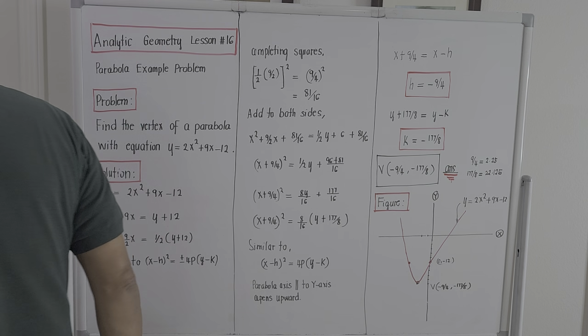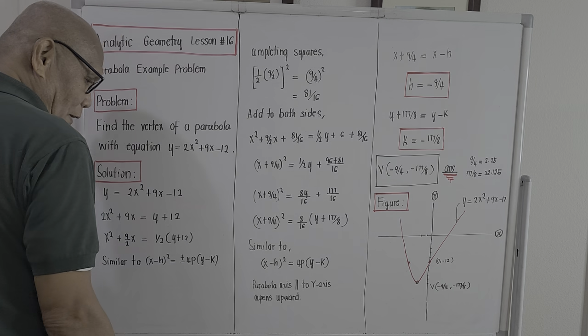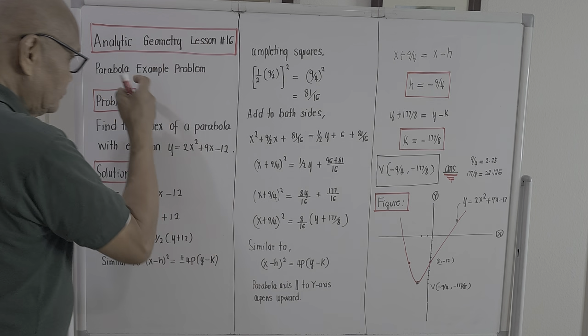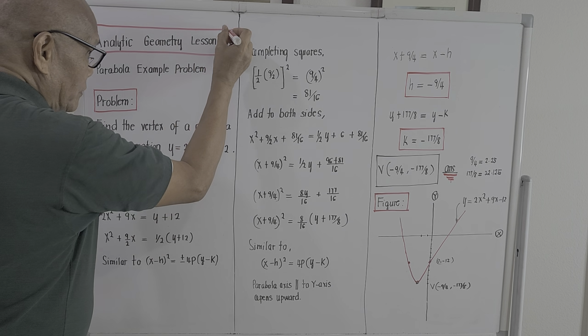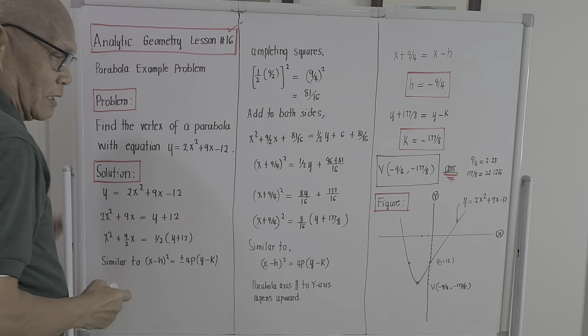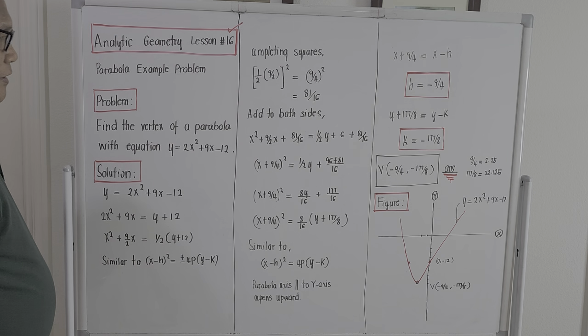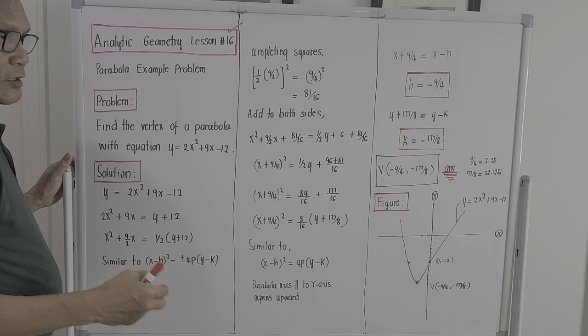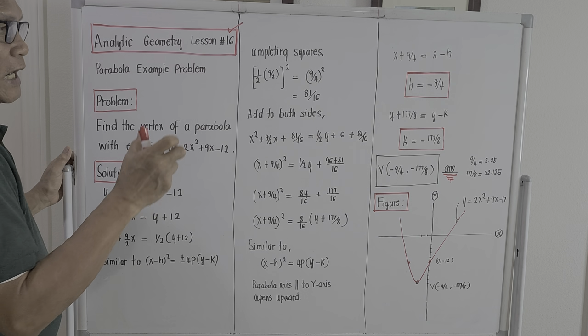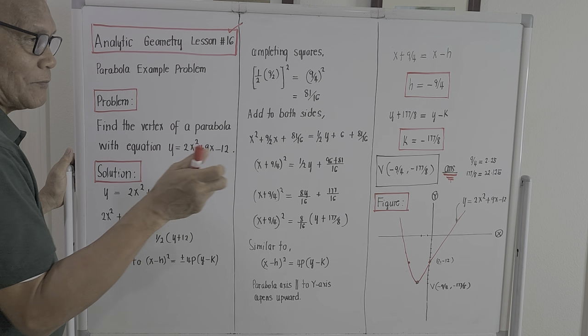The subject matter for tonight will be analytic geometry, lesson number 16. We are now on lesson number 16. We are running smooth. The title of the topic is example problem.